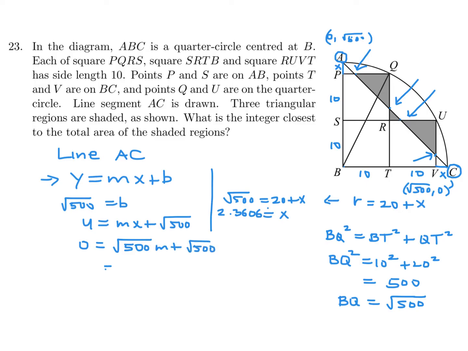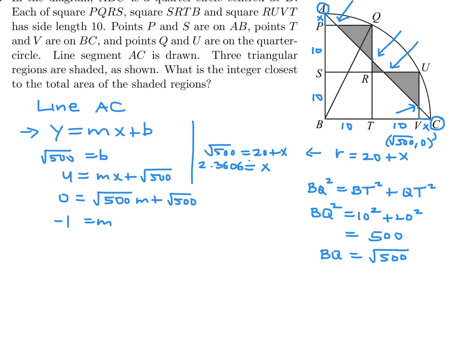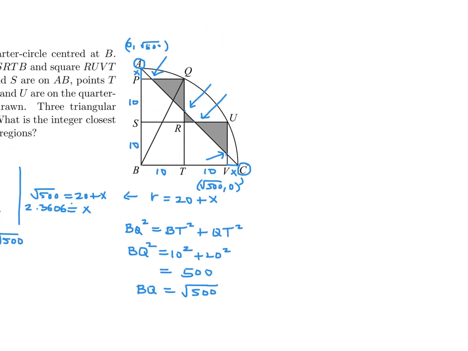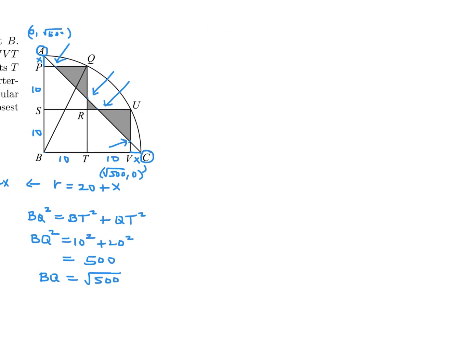So solving this, we get m equal to, I believe, -1. Yeah, okay. That's very good. And now I can just go through and figure out these points. Okay, so let's keep that in the diagram. So my equation, therefore, is y is equal to minus x plus root 500 for that line AC.